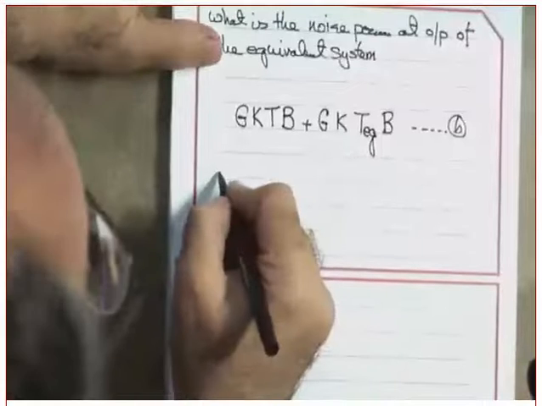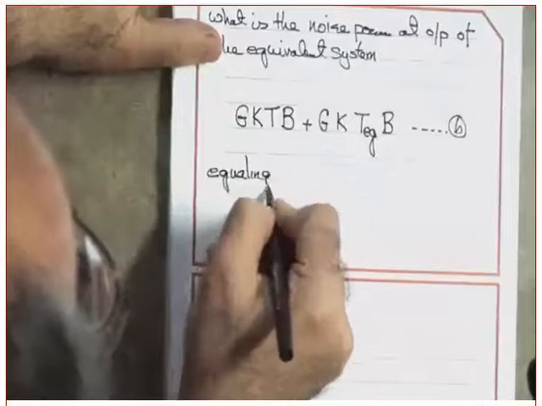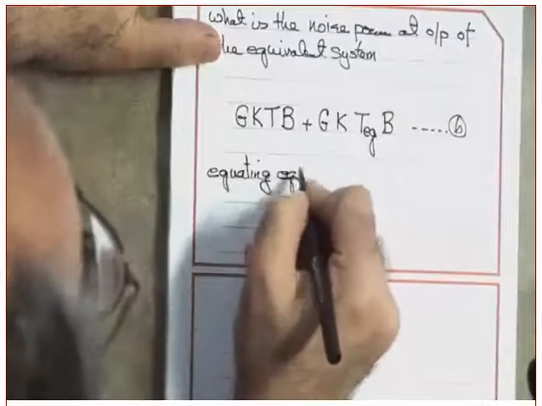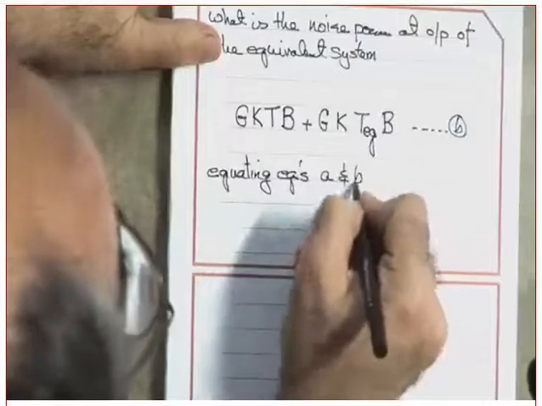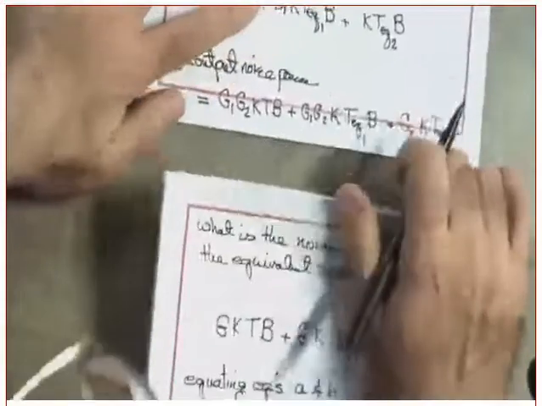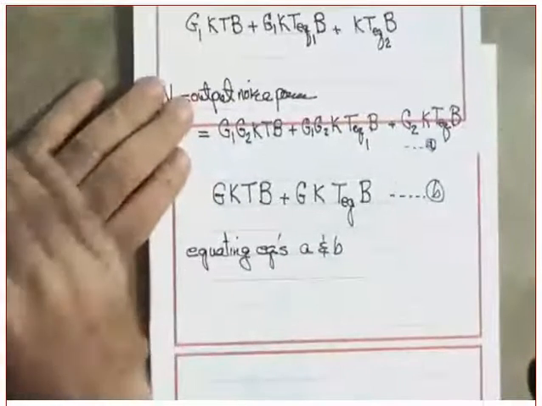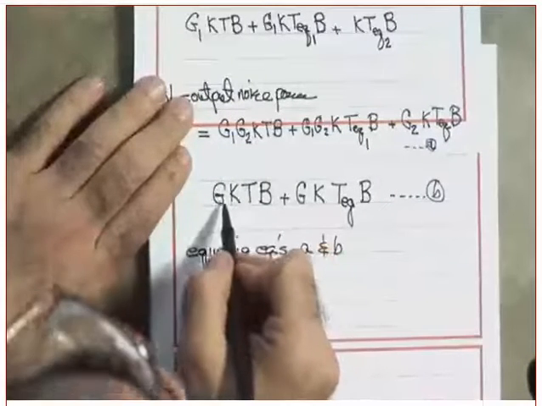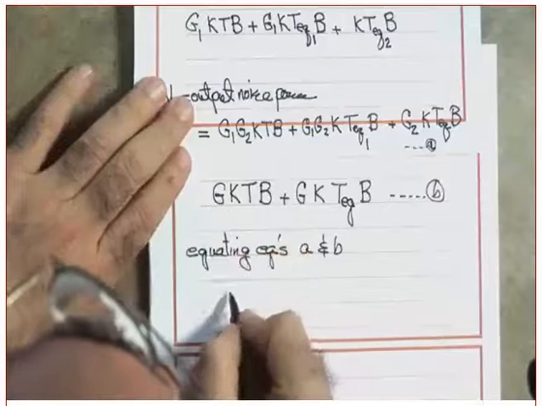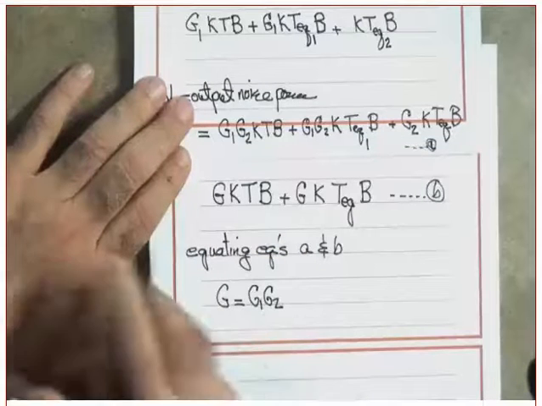Okay. Now, equating equations A and B, tell me, what do I have? I'm still waiting. This term and this term, what does it tell you? G equals G1 G2.